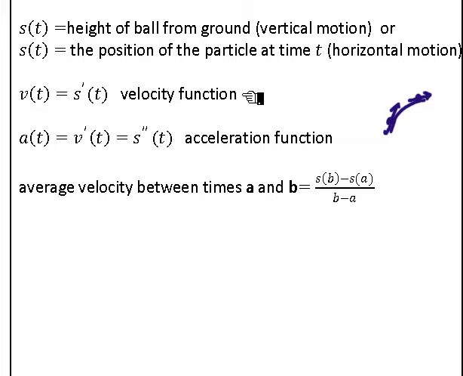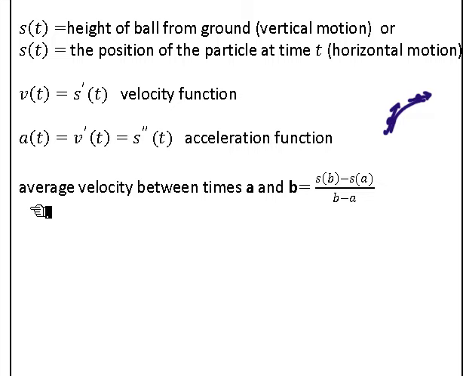That's called accelerating. So how quickly velocity is changing is your acceleration function. The acceleration function is given by the derivative of the velocity. The derivative of velocity tells us how quickly velocity is changing, so it makes sense that that would be acceleration. Again, velocity is the derivative of distance. Acceleration is the derivative of velocity.